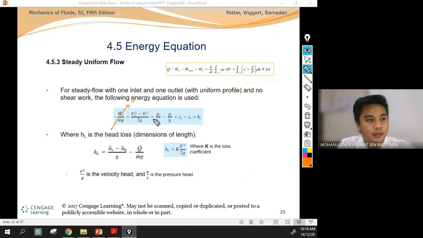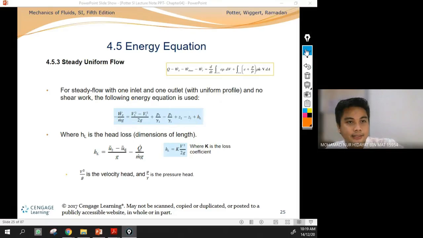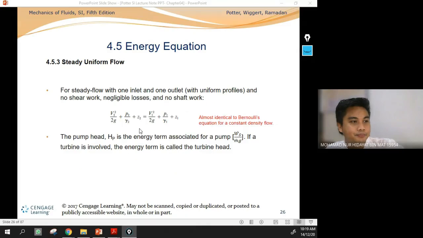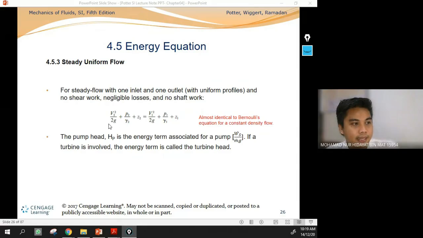No shaft work, negligible loss. So we only have this term only. This term is the same as this term, because they rearrange the velocity 2 at the left side, velocity 1 at the right side. Okay.